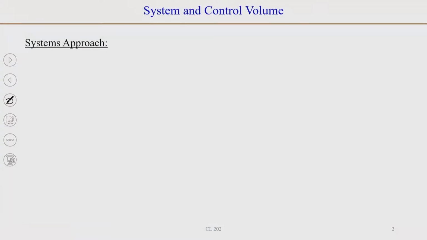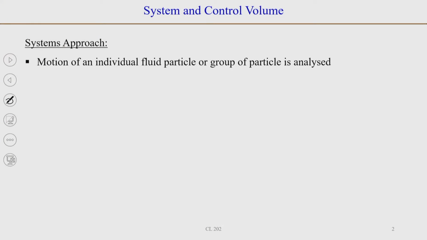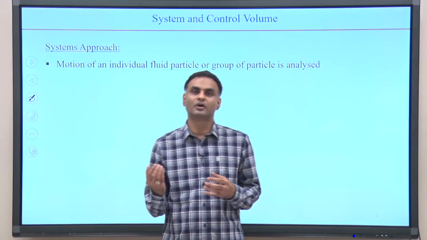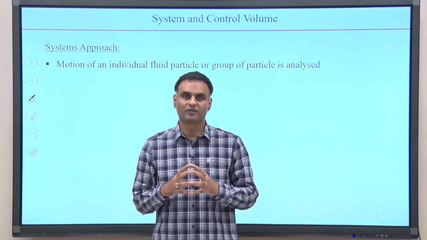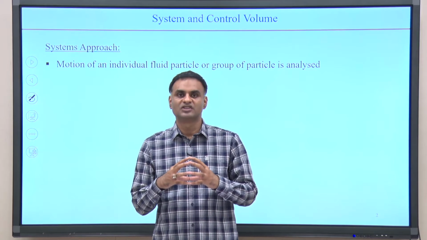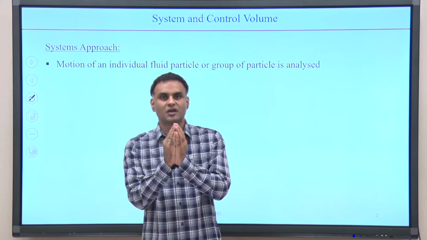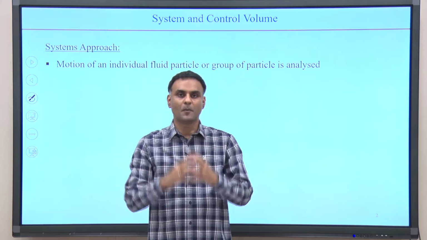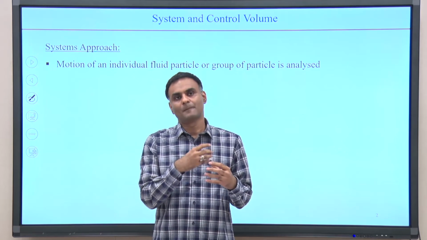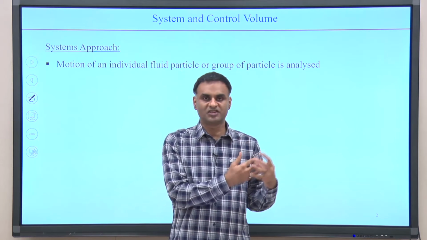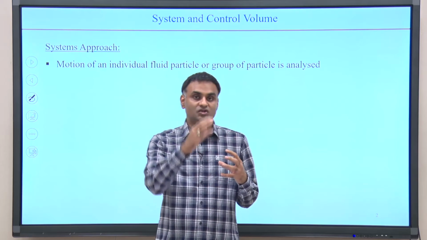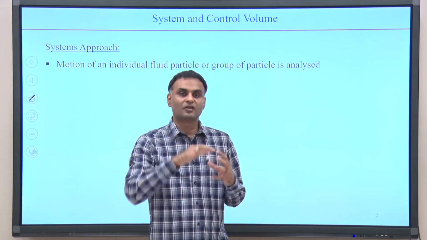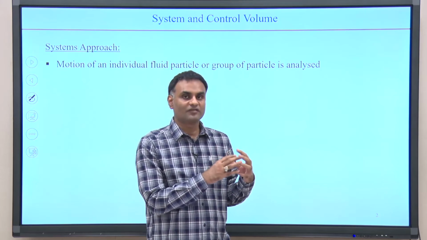When we talk about the Lagrangian approach, we are talking about the motion of a fluid particle or a group of fluid particles. The system is basically a fixed mass, and this mass may be rigid or deformable, but there is no transfer of mass across the boundary of this system.